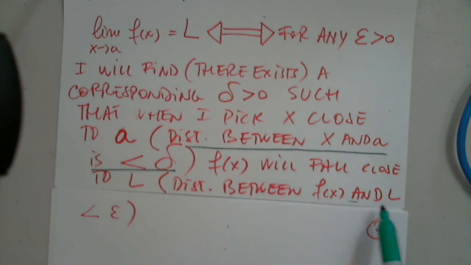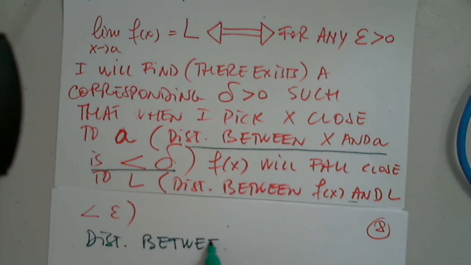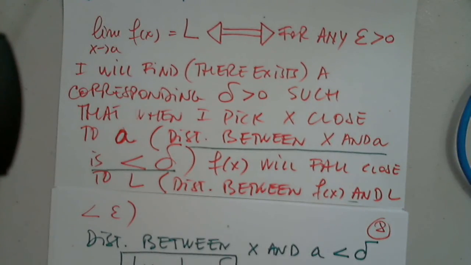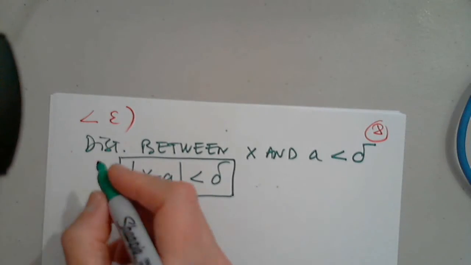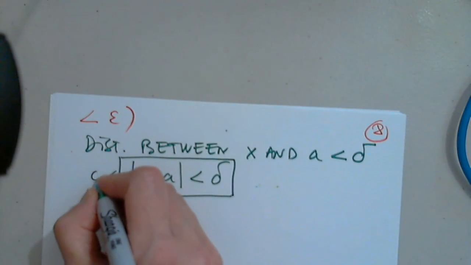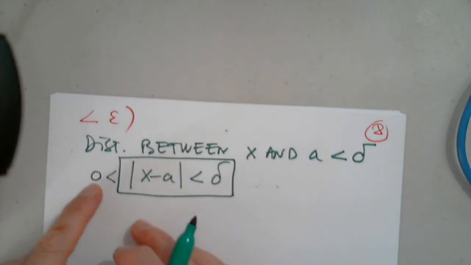And then talk about this. When we say that the distance between x and a is less than delta, we write it like this. This means the distance between x and a is smaller than delta. And I will also put here greater than 0. And you can say, but this is redundant.